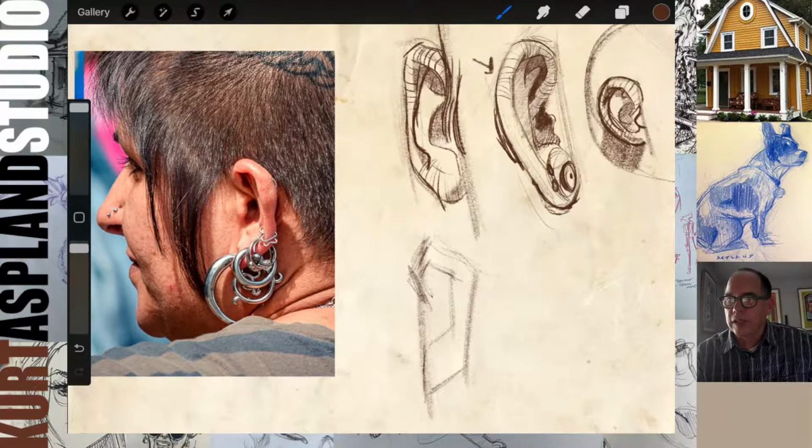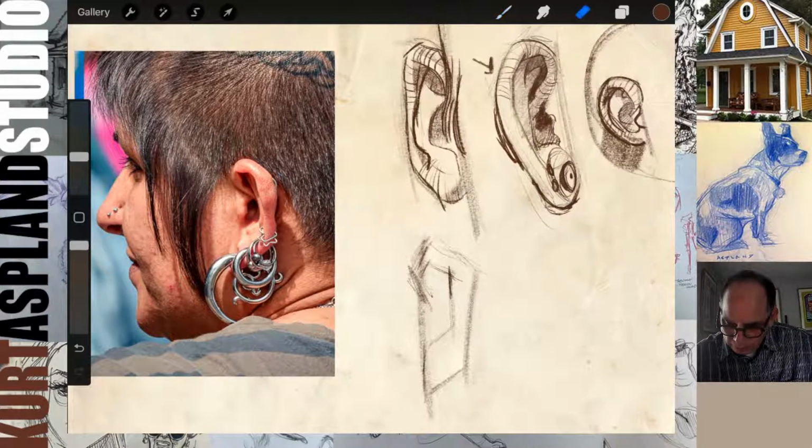All right, so there's the general shape of my ear. Okay, now this is the snake. So now look at the snake. Look at this. It overlaps right there. Let me get my eraser out.